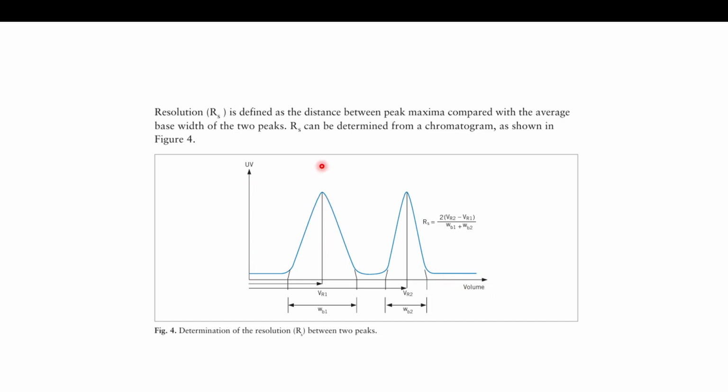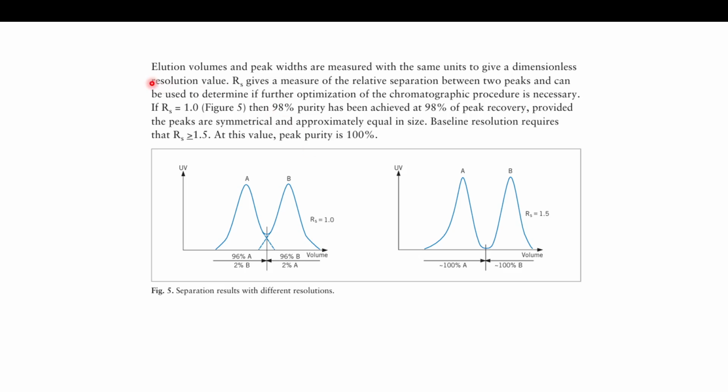The higher the peak, the higher the concentration of the analyte or sample that has eluted out. Elution volumes and peak widths are measured with the same units to give a dimensionless resolution value. Resolution gives a measure of the relative separation between two peaks and can be used to determine if optimization of the chromatographic procedure is necessary.